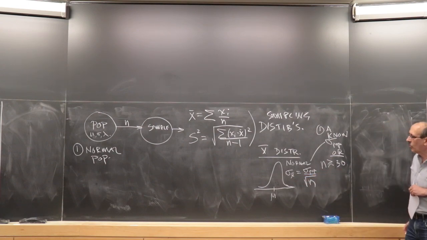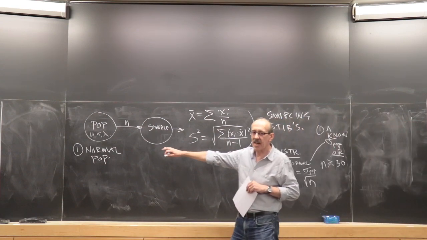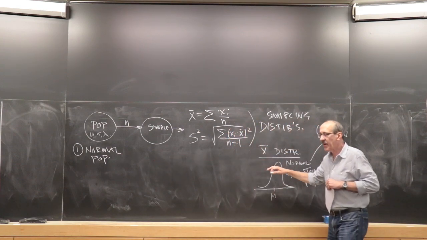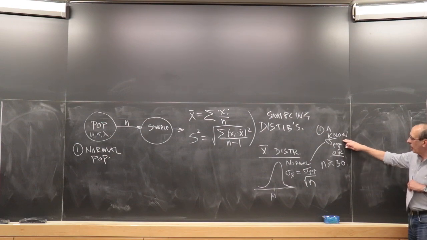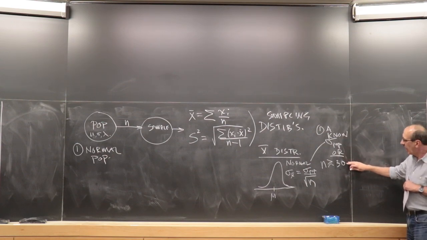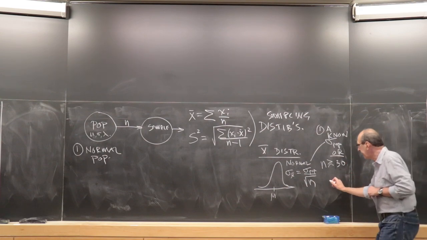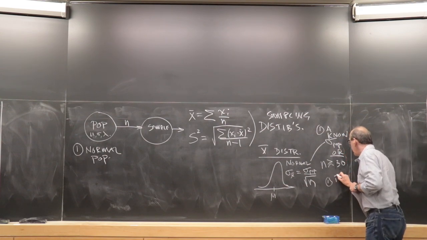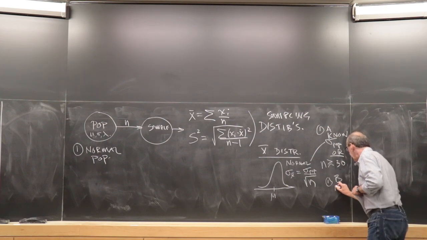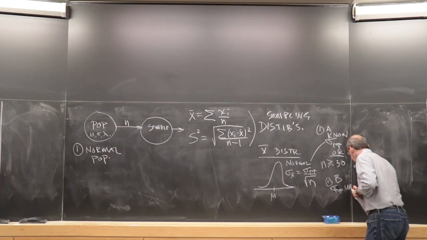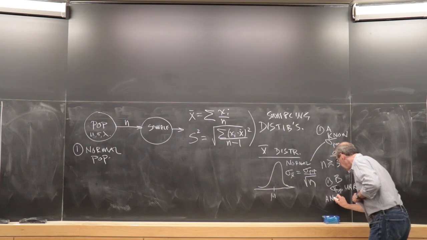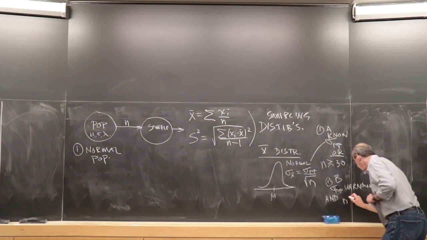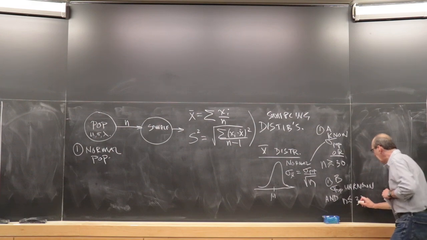Now, let's talk about what happens if I have a normal population again, but I don't satisfy these conditions. So I don't know the population standard deviation, and my n isn't big enough. I'll call that case 1B. So I have sigma pop unknown, and my n is less than or about equal to 30.